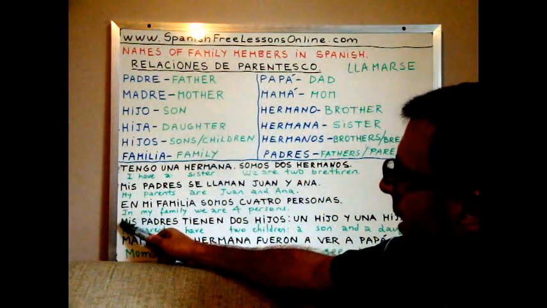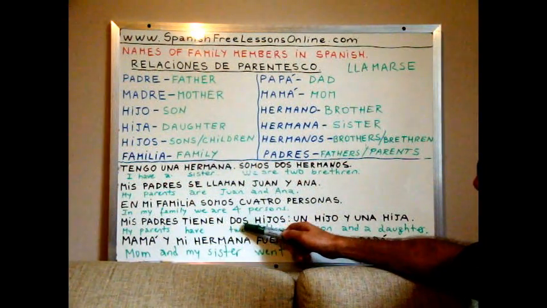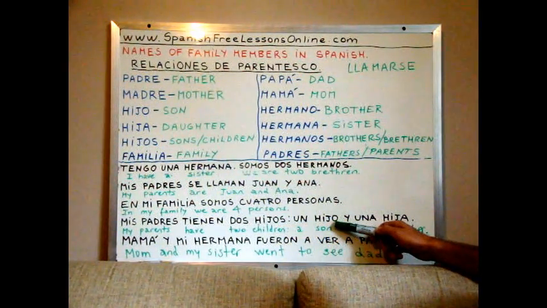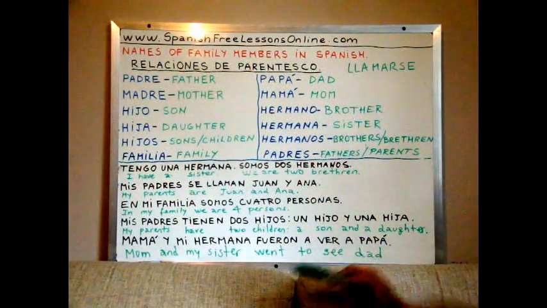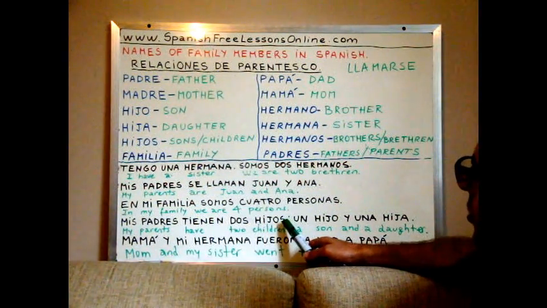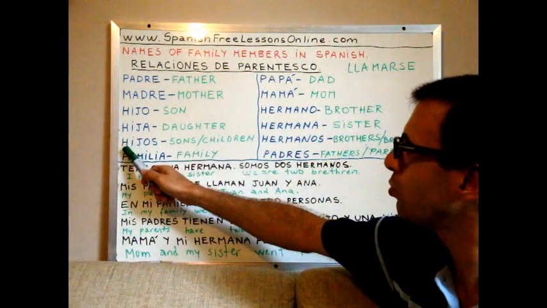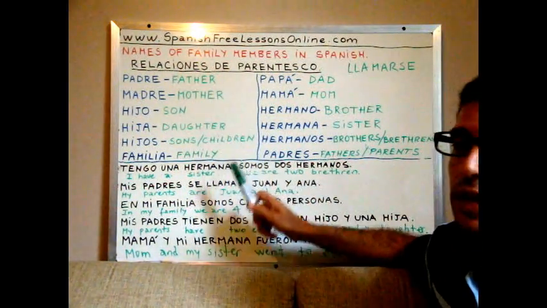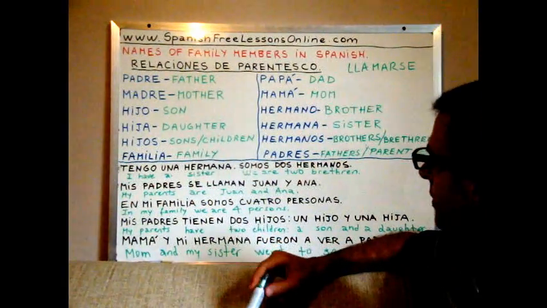This means my parents have 2 children, 1 son and 1 daughter. You can see here how the word hijos, that literally is the plural for hijo, for son, so hijos would be sons, but it also means children, a generic word for children that includes daughters and sons, right?